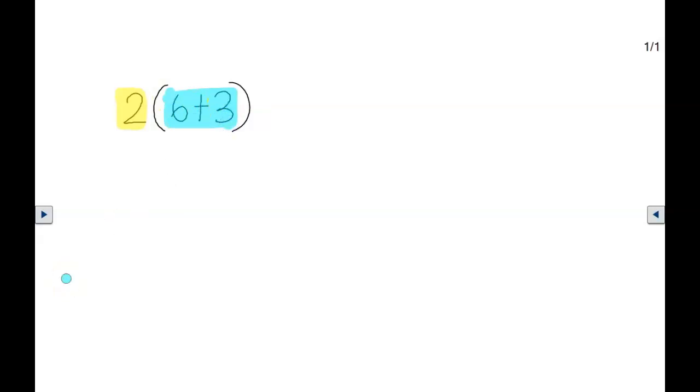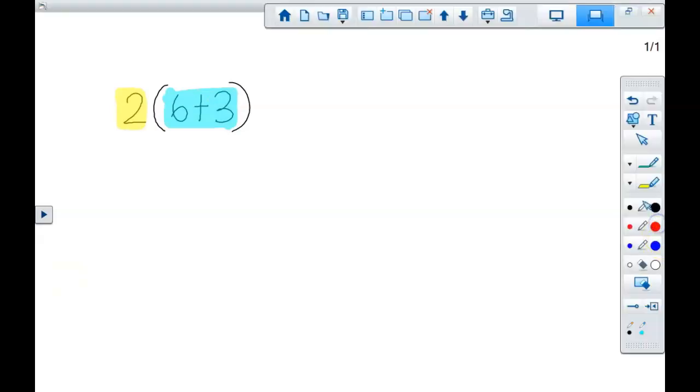Now, how do I know that this is multiplication that's being done here? Well, I know that it is because this 2 is right next to these parentheses. There's nothing in between. So that lets me know that that is multiplication.